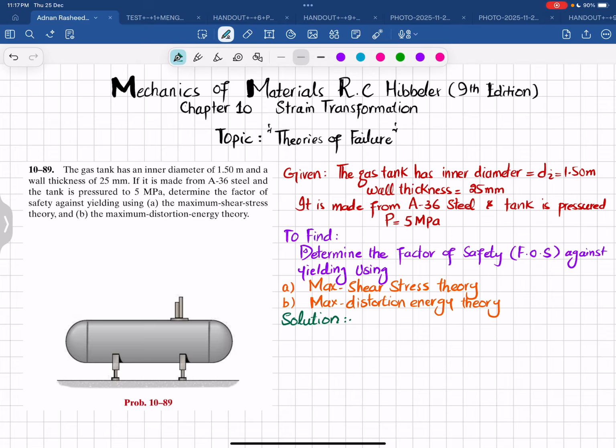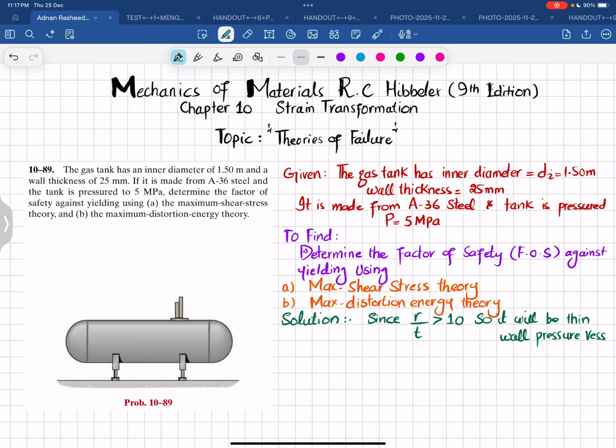First we will check whether it is a thin wall pressure vessel or not. For that, if R by T is greater than 10, it will be a thin wall pressure vessel, and we can use its formula.